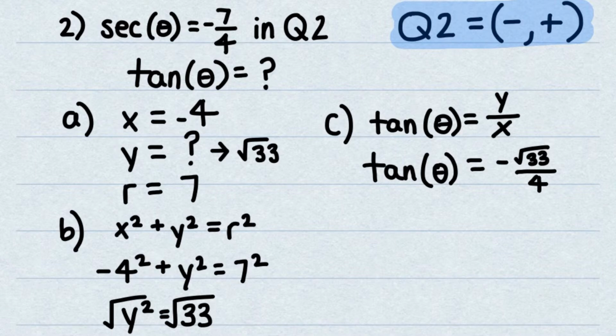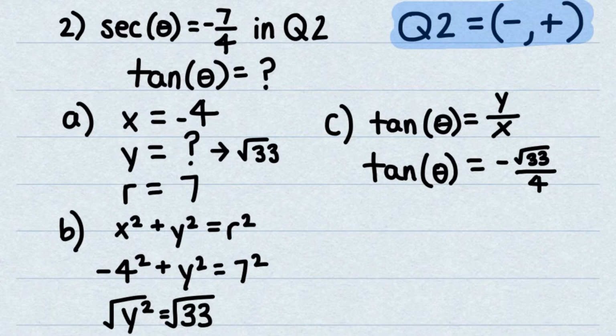Y squared is then equal to 33. We take the square root, bring it to the other side, and get the square root of 33 for y. So now we have x, which is equal to negative 4, y, which is equal to the square root of 33, and r, which is equal to 7.